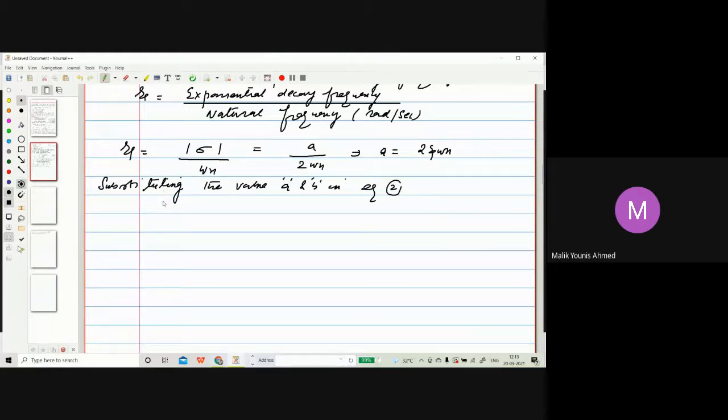After substituting, the transfer function G of s, which is C of s by R of s, will be equal to omega n square divided by s square plus 2 xi omega n s plus omega n square. This is equation number 3, a prototype second order system.